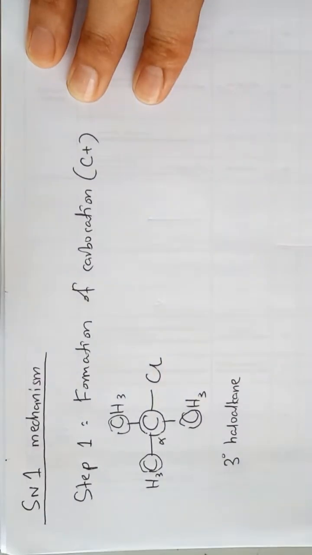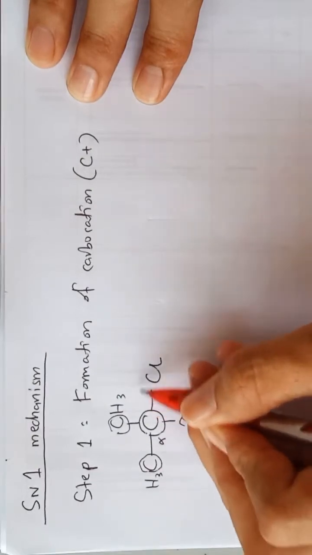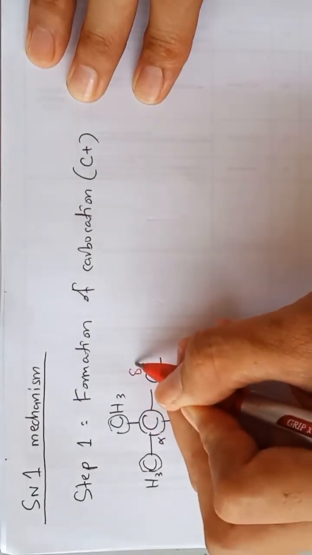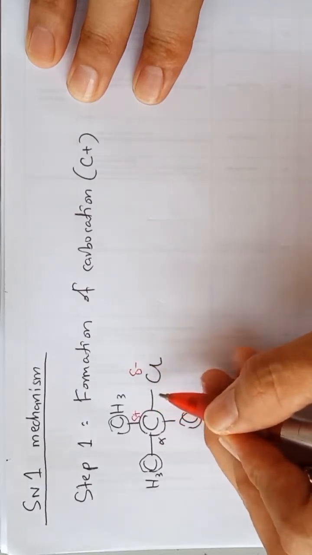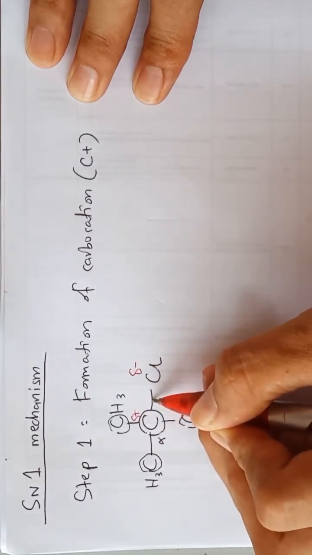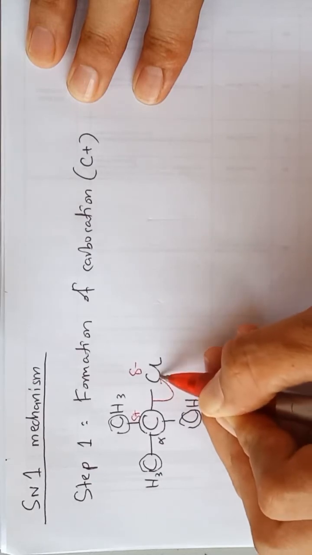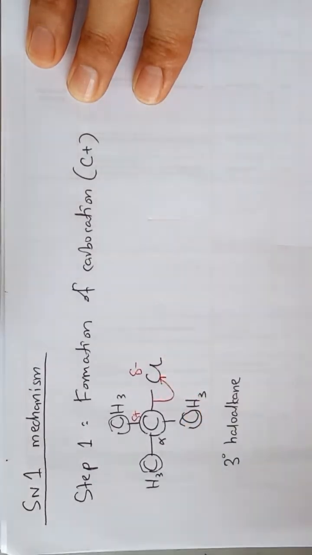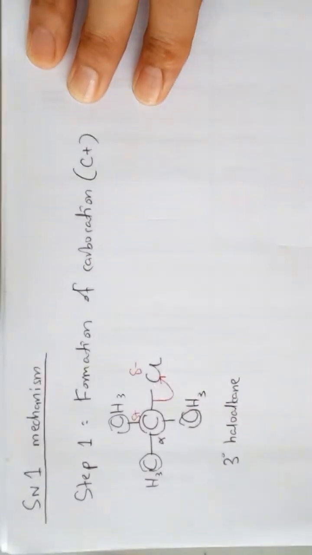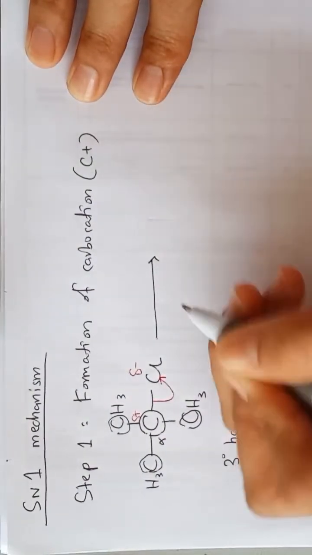So the mechanism would be, this is the polar bond, partially negative, partially positive. First we will have the heterolytic cleavage, where this bond will break and the electron will go to the Cl, because Cl, or chlorine, is more electronegative than this carbon. What happens when the bond breaks?